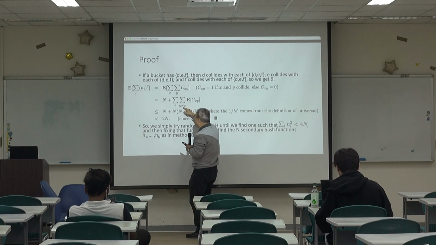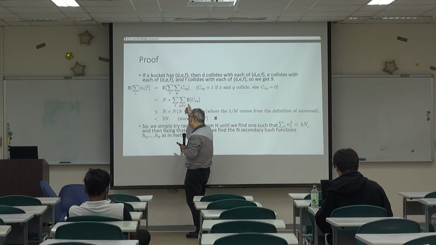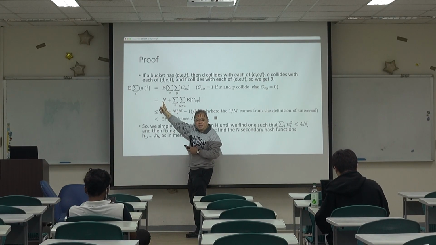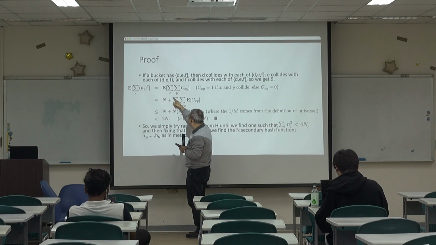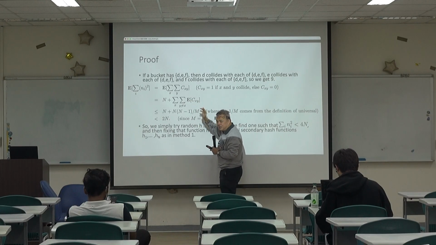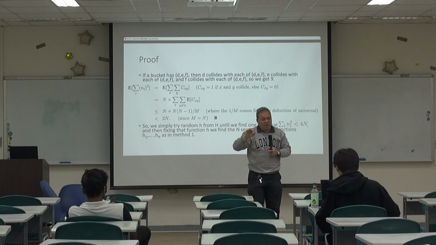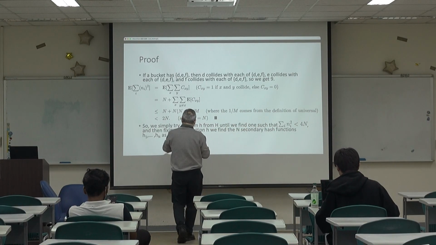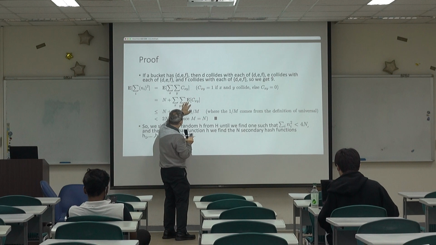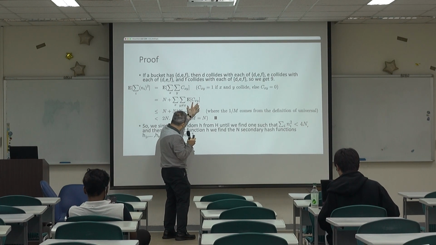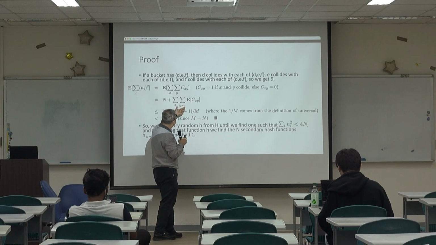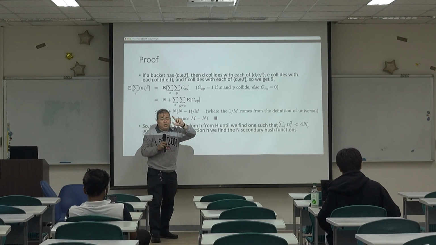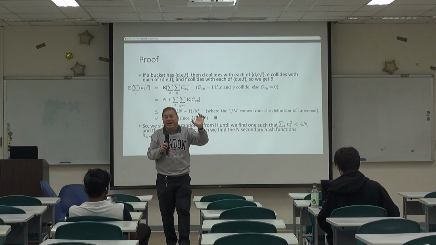Totally, how many elements will collide with itself? We have n elements, right? So n plus the sum over x, y not equal to x, of expected cxy. Here the x and y are different elements. So how many pairs are we talking about, with the idea that order matters?